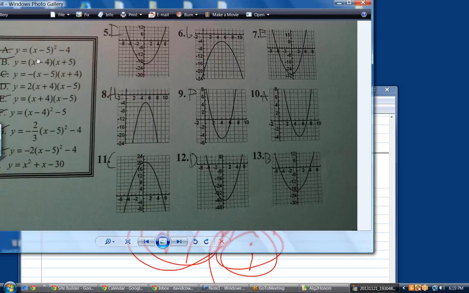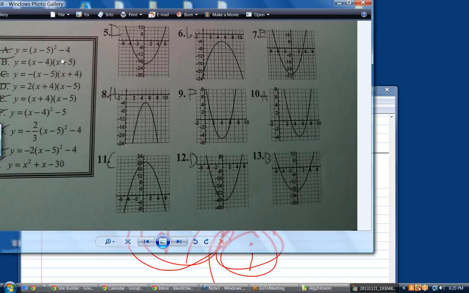How about B? Which one is x minus 4 times x plus 5? First of all, what format is that in? That's not in vertex format.